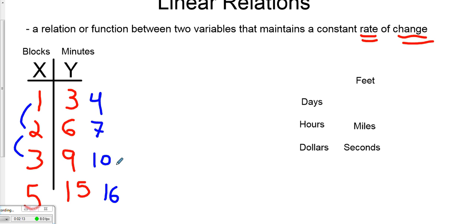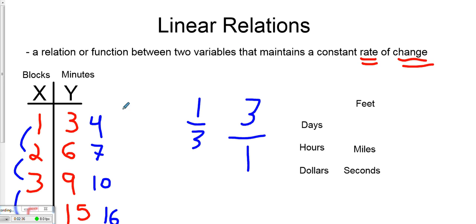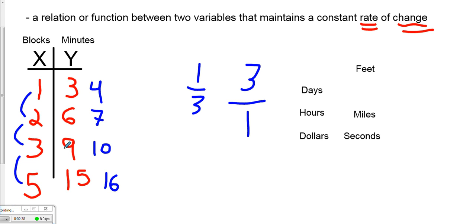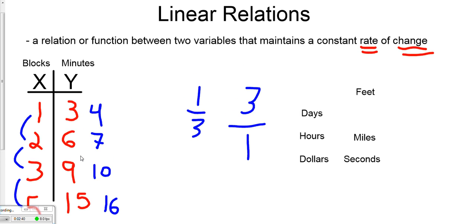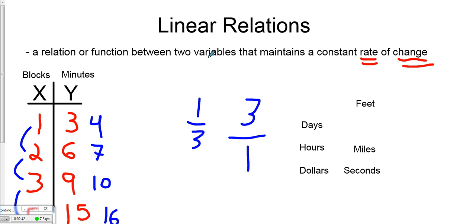From 10 to 16 is 6, and that takes 2 minutes. So 1 minute for 3 blocks, 1 minute for 3 blocks, 2 minutes for 6 blocks. That maintains a 1-3 ratio. 1 block, 3 minutes. Or I guess you can write it as 3 blocks per 1 minute. Either way. So again, linear relations, you can see how there's the x input, the y output, 2 variables included, maintains a constant rate of change.